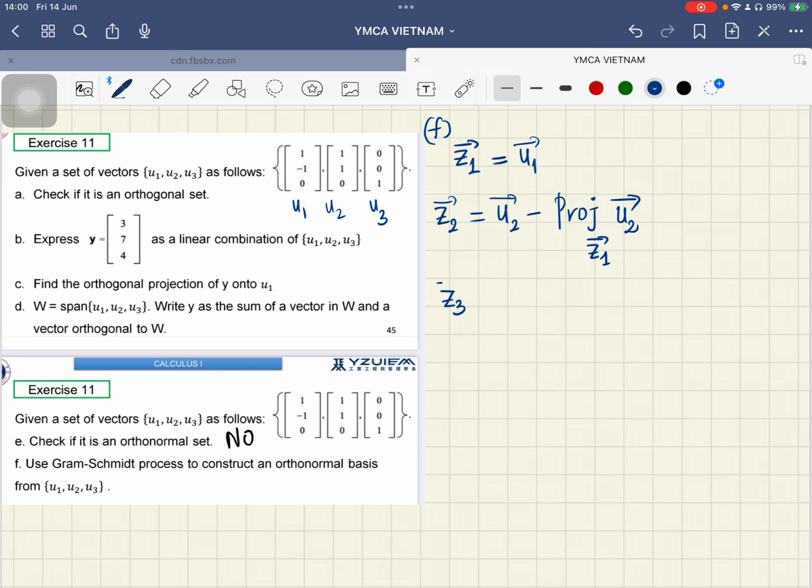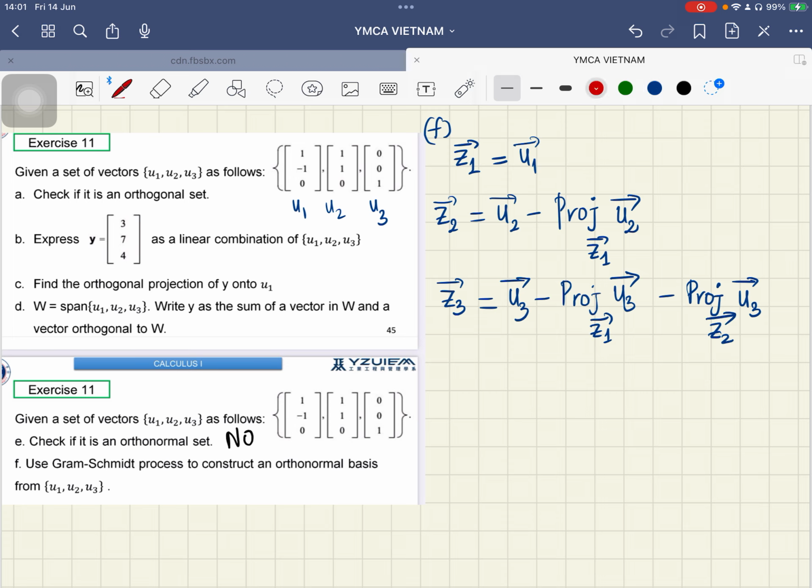And we have Z3 is equal to U3 minus the projection of U3 onto Z1 minus the projection of U3 onto Z2.